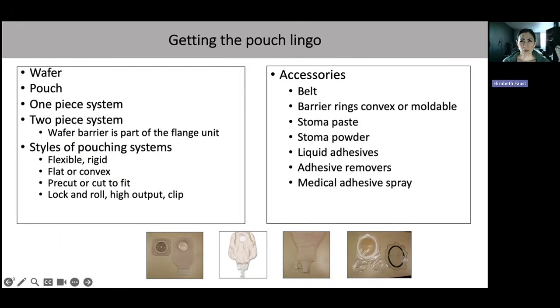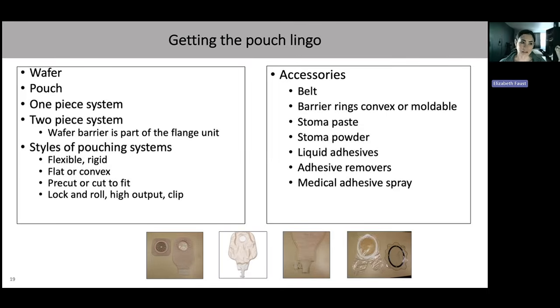So let's just talk about some of the lingo that is important. Wafer, and we'll go through all of this. Wafer, pouch, one-piece system, two-piece system. The wafer we're going to talk about in the next slide, and then the pouch after that. The one-piece system is essentially when the wafer and the pouch are stuck together.